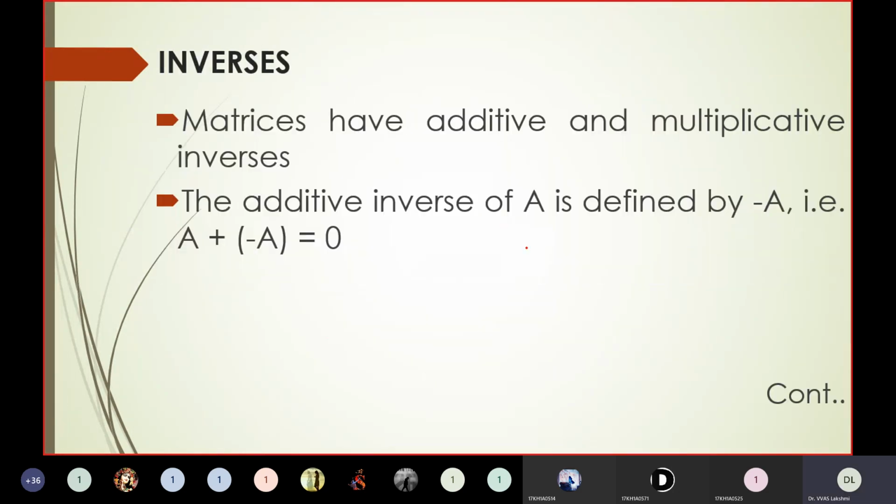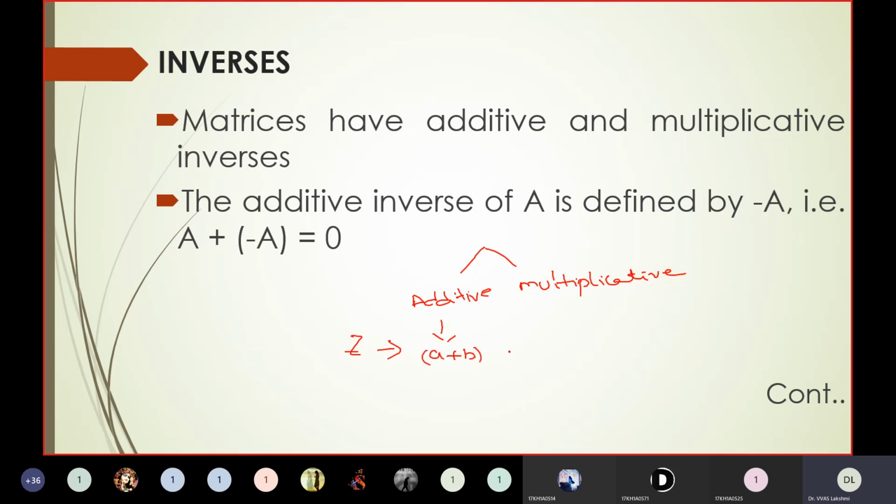Okay. So next one, inverse. Here two types of inverses are possible. One is additive inverse. Second one is multiplicative inverse. Here in the case of numbers, general set Z, what is the additive inverse formula?